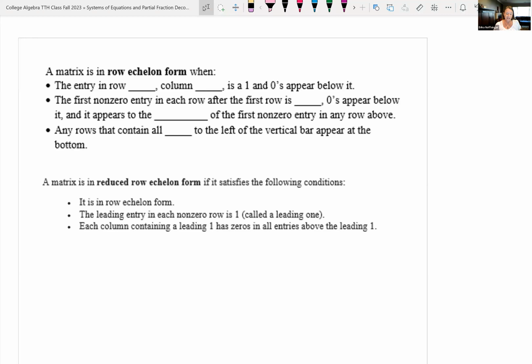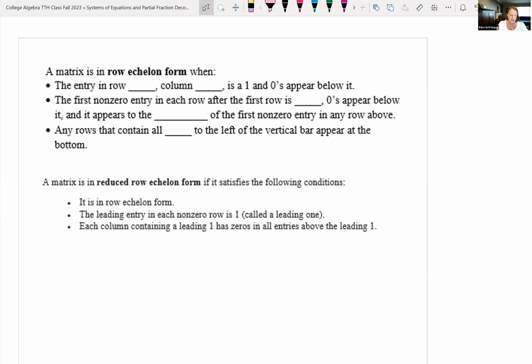So we've been using these row operations, and we're trying to manipulate our matrix to look like the following form. There's what is called row echelon form, and what I really prefer to do is reduced row echelon form. Well, what does it mean when the matrix is in row echelon form?